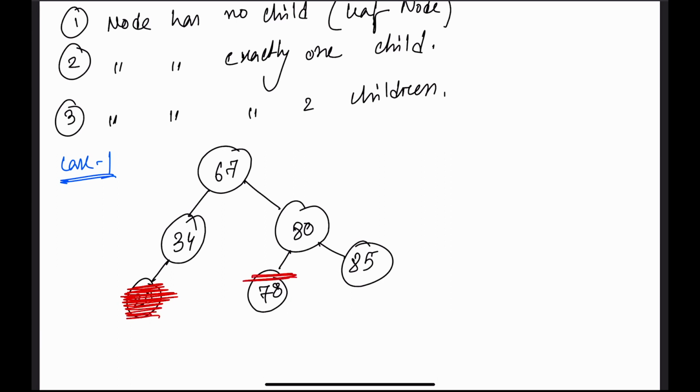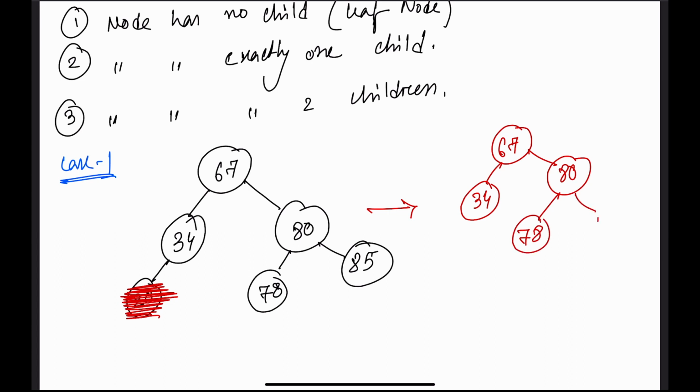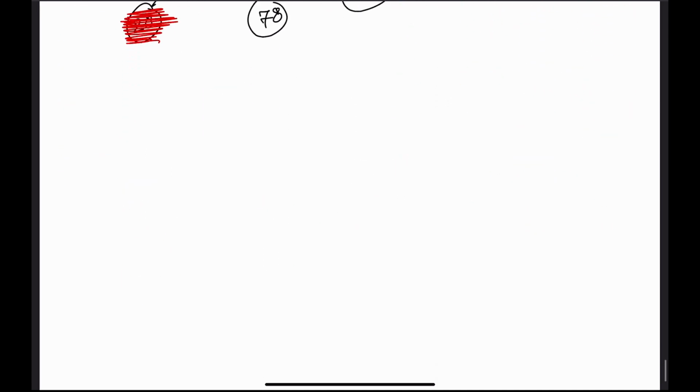It is also a leaf node. You can directly delete it. So for example, this is getting deleted. Then obviously what will happen? 67, 34, 80, 78, 85. That's it.